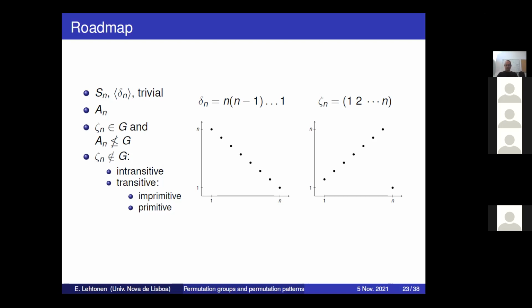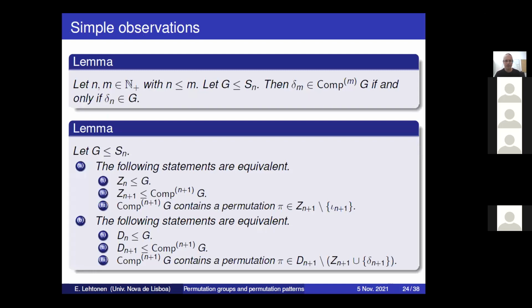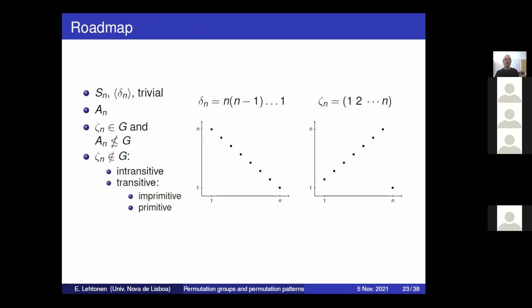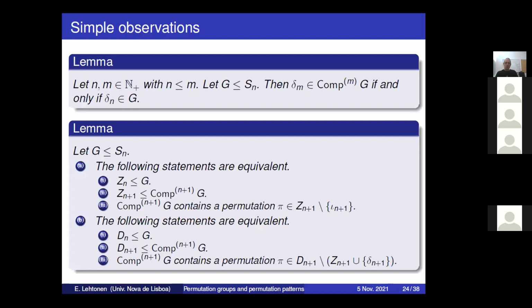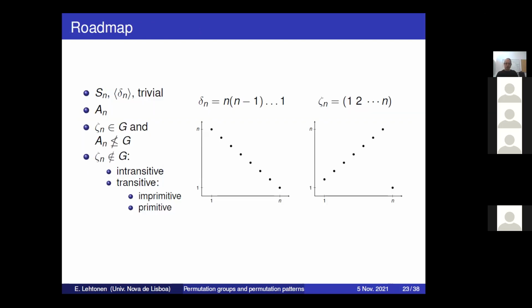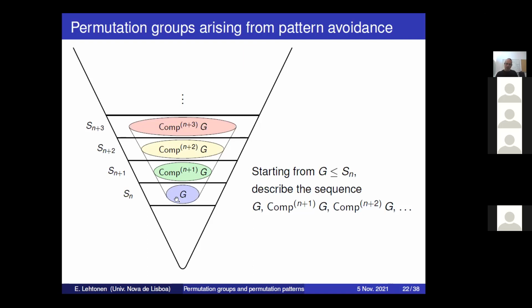Okay. I perhaps don't have time to go into all details of the results, but maybe I will quickly try to give you a little gist of what I did. So the results will be of the form: given a group G, I would describe the group comp n+1 of G, because then we can use the transitive property.